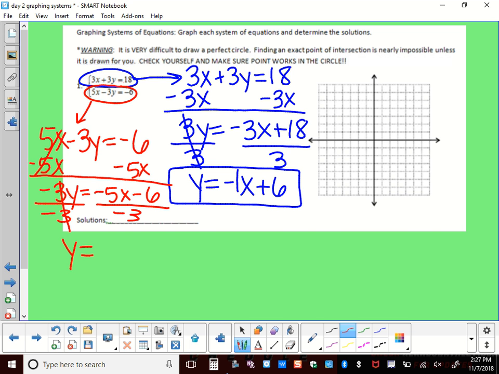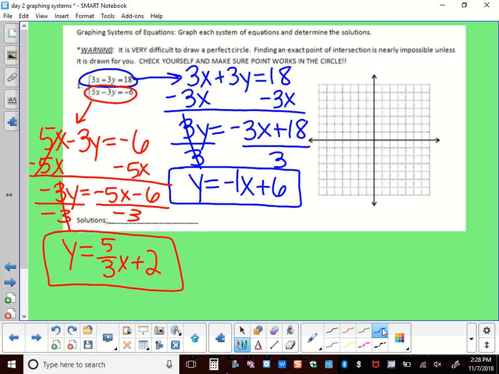So I have y equals 5 over 3 x plus 2. Even if you don't want to simplify this, you can still put it in your calculator, but you have to do y equals the top in parentheses divided by negative 3. Either way works. So let's plot these two lines. Let's do the blue one first.